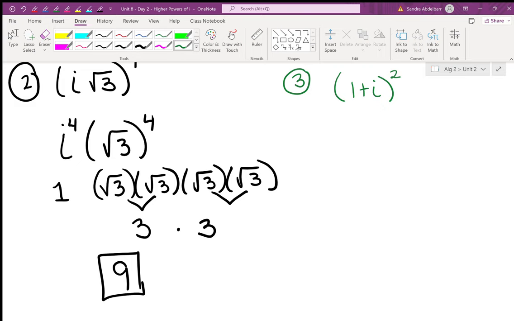What is it? What's the quantity of (1 + i)^2? 2i. I want you to memorize that.